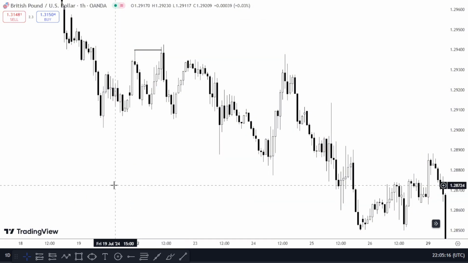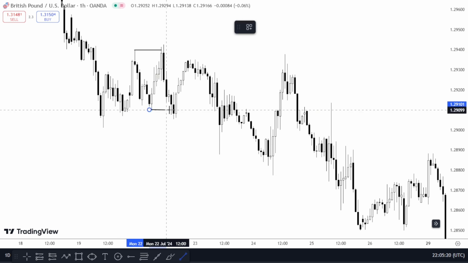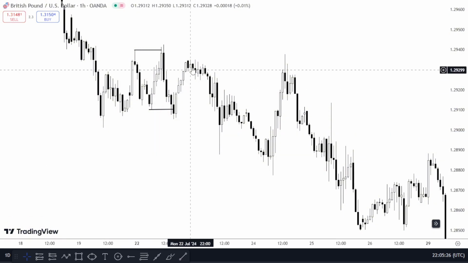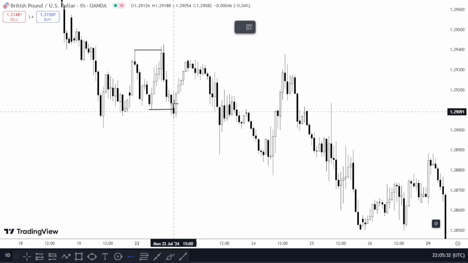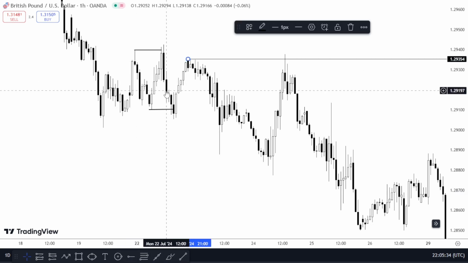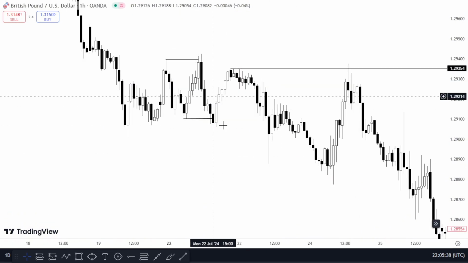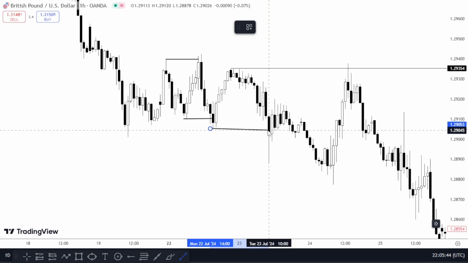What happens then? We have our break of structure, and then we have our pullback, which provides our structural liquidity. This becomes our protected high, because we already have a second break of structure right here.